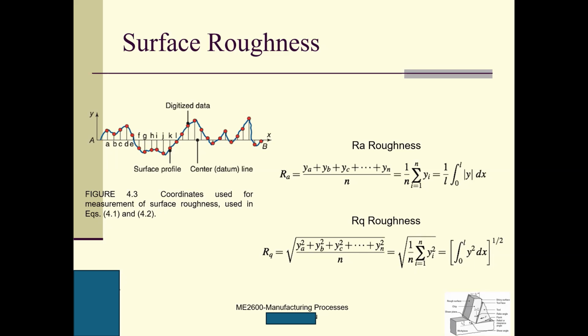So this is Ra. Next one is Rq. For Rq, they use the square and then the square root, based on n. So this is Rq. Some people use Ra, some people use Rq. So based on this slide, I want you to know that we have two commonly used roughness quantities, Ra and Rq.